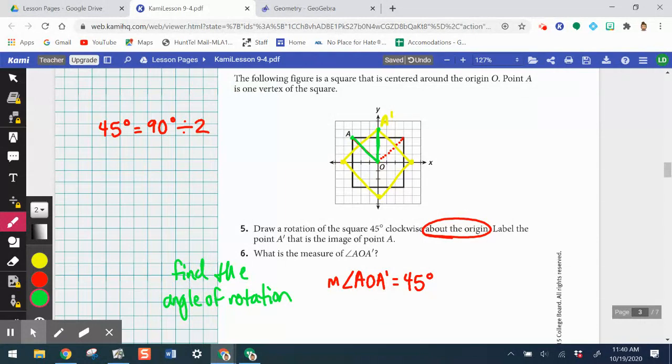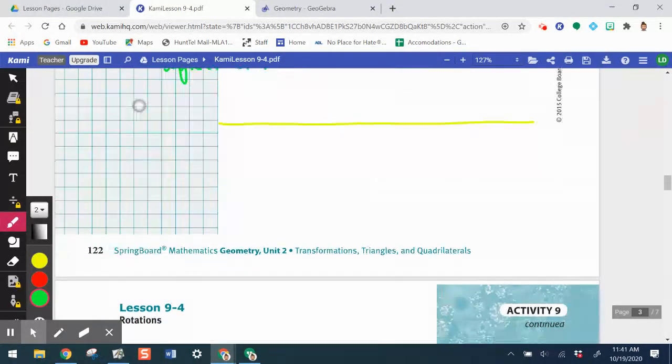Again, A and A prime are called corresponding points. And in this case, O is our center of rotation. And when we connect A, O, and A prime, we form an angle. In this case, it's 45 degrees. So we can find the angle of rotation by connecting corresponding points to the center of rotation. That's really what they're trying to stress there.